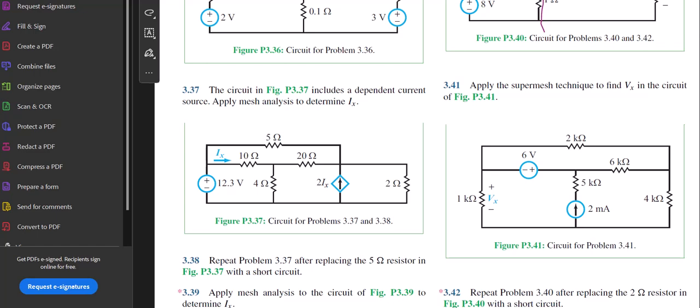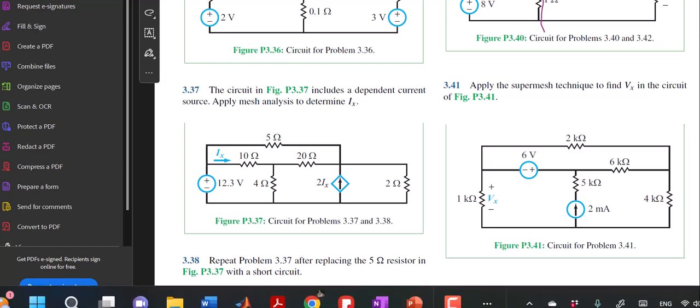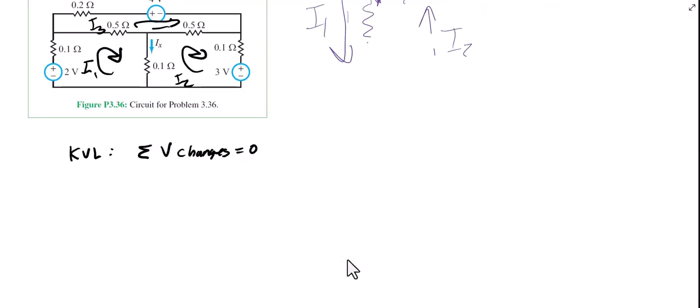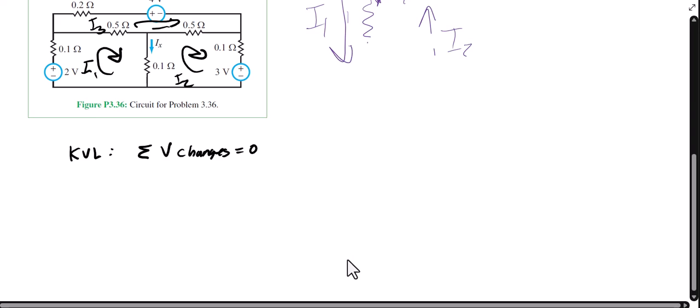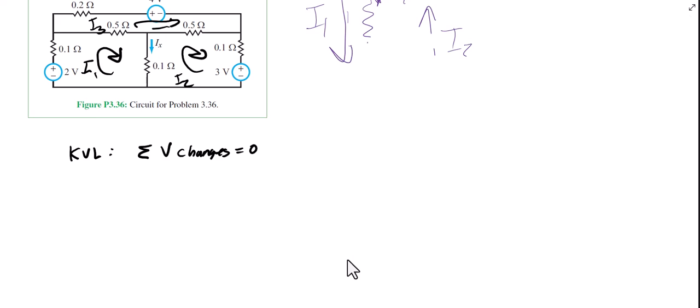And that makes sense now that I'm thinking about it. So if you have two meshes where the branch between them has a current source, then you treat that as a super mesh and you just write one equation for it. And I'll show an example of that after we set this one up.